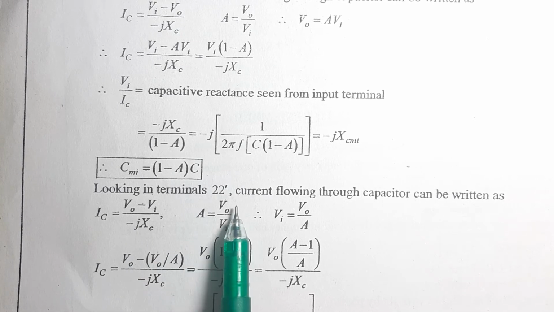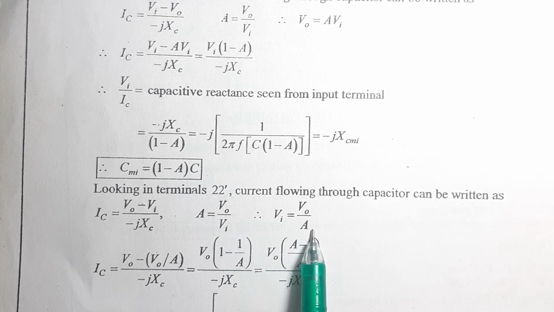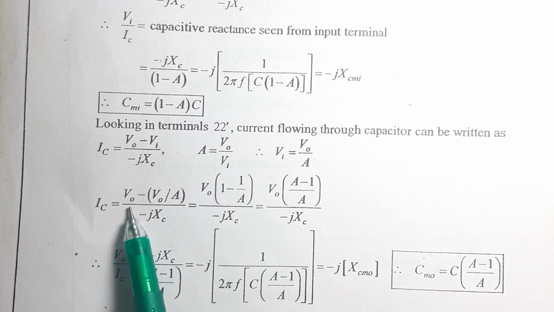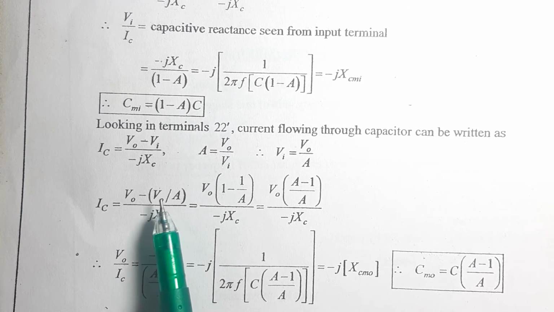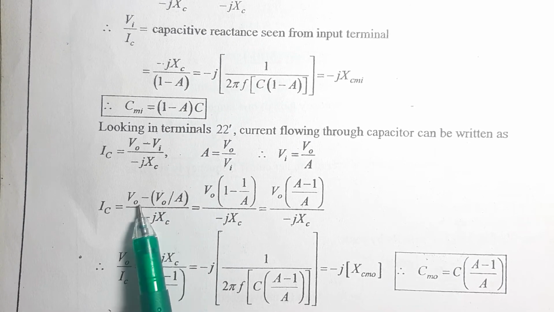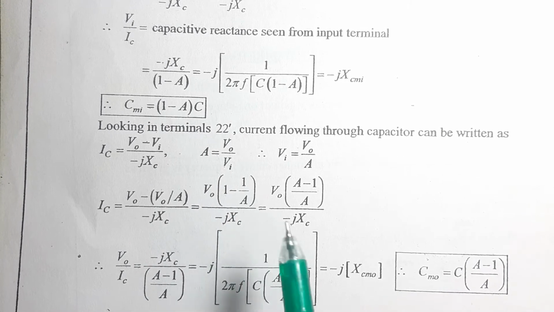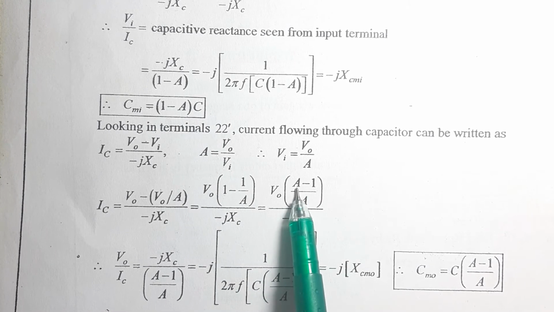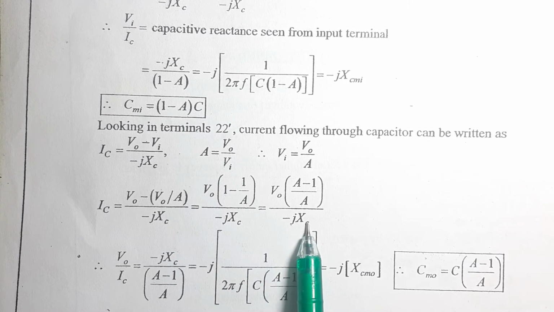Therefore A is equal to VO by VI, so your VI will be given as VO by A. Now your IC is given by VO minus VI, with VI written as VO by A. So over here VO is taken common, and it is written as VO into (1 minus 1 upon A) upon minus jXC, which is equal to VO into (A minus 1 upon A) upon minus j into XC.